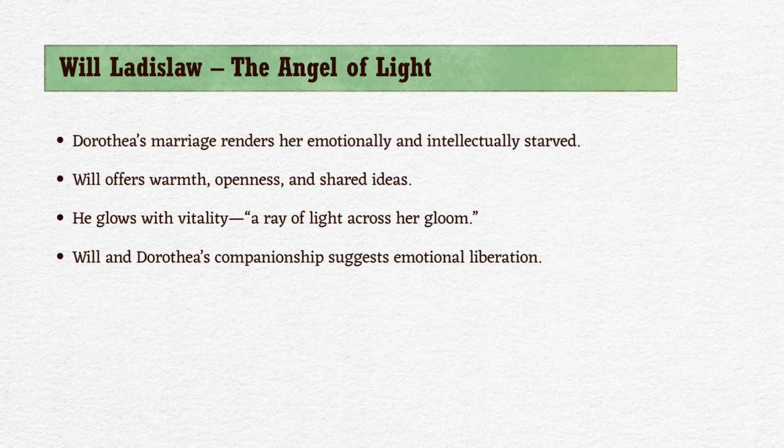However, Eliot does not rush their relationship. She builds it with care and nuance, showing how affection rooted in mutual recognition grows quietly under the weight of social constraint. Will becomes the novel's embodied critique of spiritual sterility, offering a glimpse of connection without domination, something deeply radical for the Victorian world Eliot depicts.